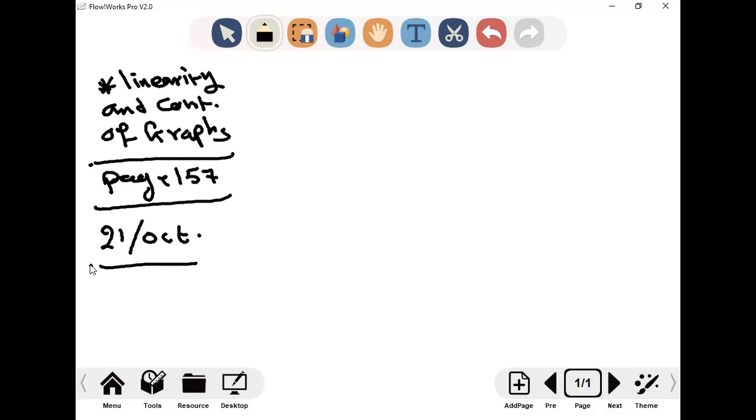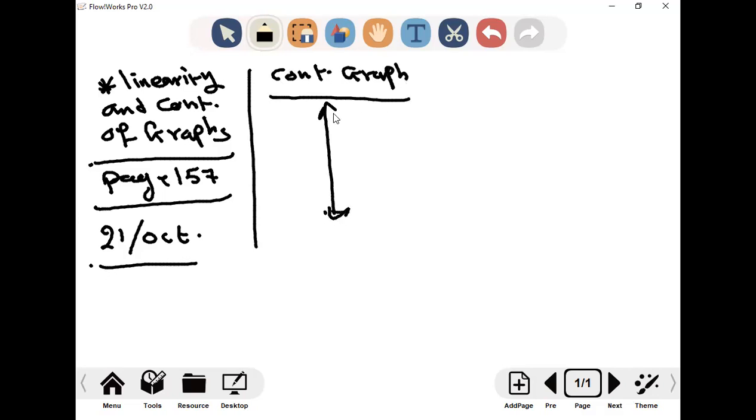We said we have continuous graph, continuous, right?